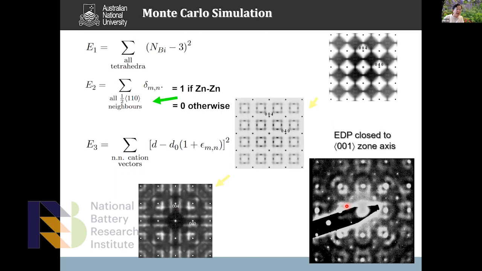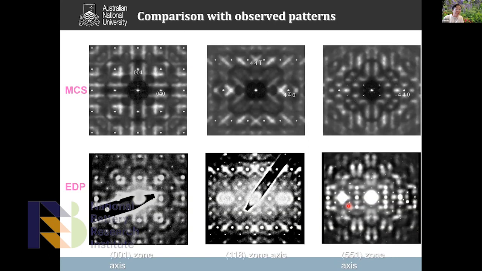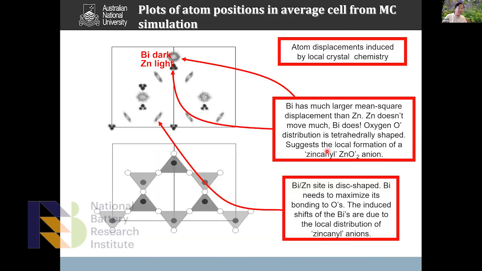And if you do this for other electron diffraction patterns collected on different zone axes, you will see they are pretty much similar. The model fits very nicely. Okay, so that tells you the local structure is like that, but how is the average?